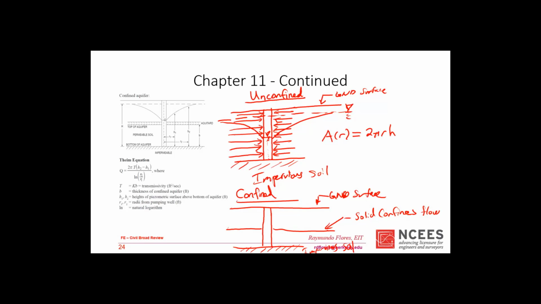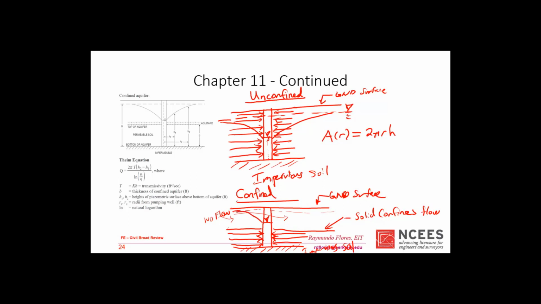That is the same thing as saying that we would expect the flow to be only this way. It might seep through a little bit here, but this is how we're idealizing it. We're idealizing it such that there's no flow here, right? So that it only goes through here, even though you do have a surface like this, and the water table would have to originally be here maybe.